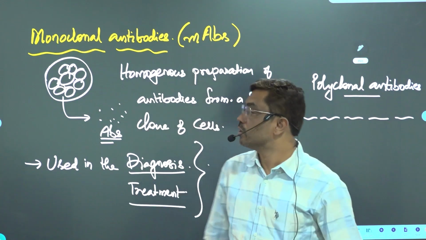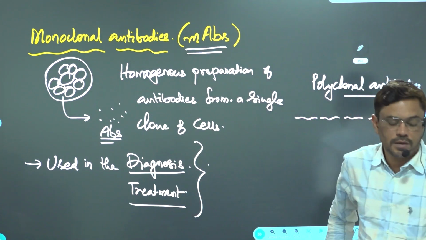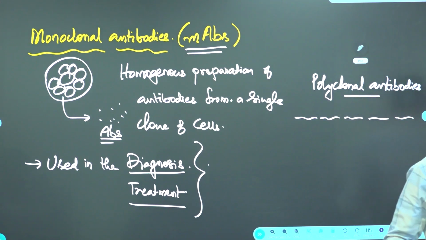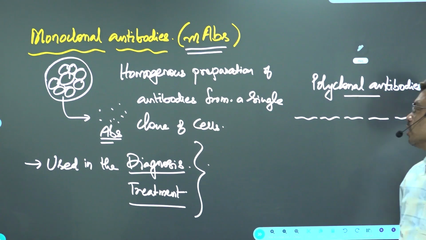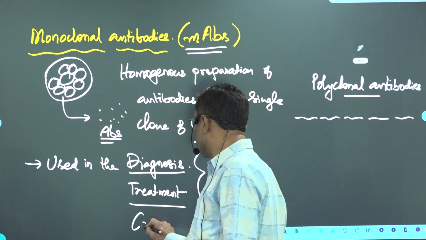These monoclonal antibodies are represented by MAbs, monoclonal antibodies. So these monoclonal antibodies are used in the diagnosis and treatment of various types of diseases, including some types of cancers also.